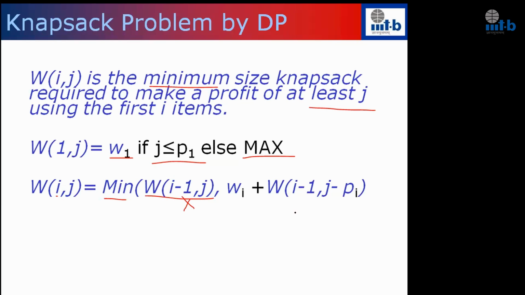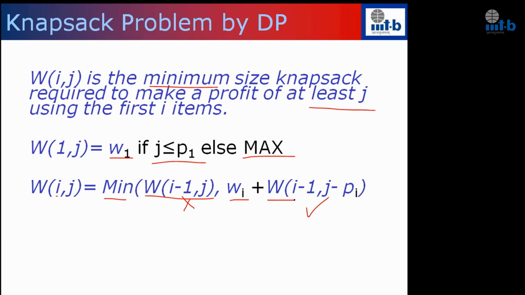The other option that I have is to pick the ith item. If I pick the ith item, I need a knapsack size of Wi.